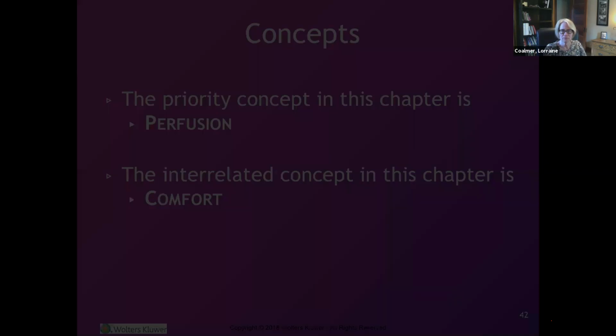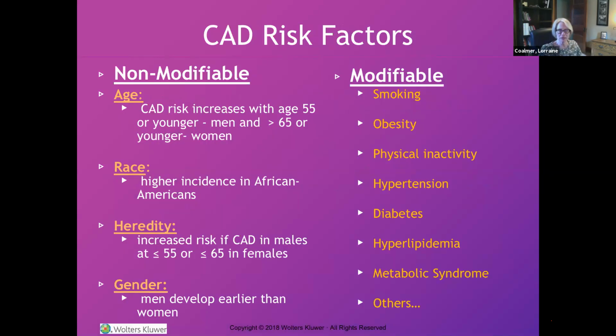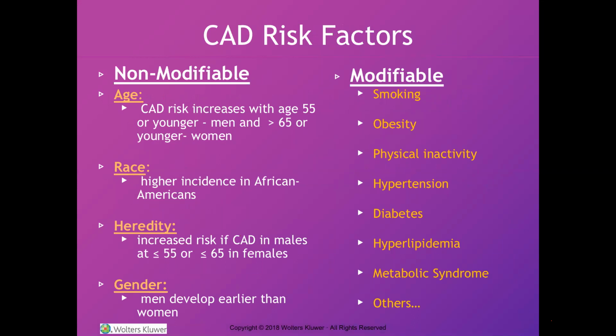All right, so these are going to sound a lot familiar, just like our hypertensive patient. So CAD increases with age. And you can see women are a little bit more protected because of hormonal things until they go through menopause. So you can see that age is a little bit higher than the men.